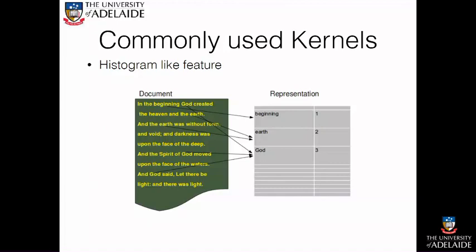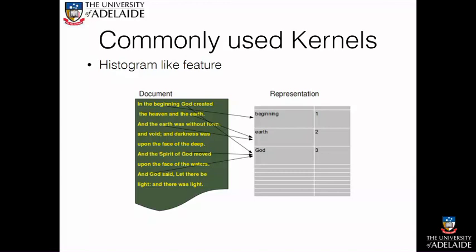In computer vision, especially for image classification and object recognition problems, people also use histogram-like features. Here I just show you an example, which is actually for document classification. Assume you have a document which contains a lot of words, and you want to classify this kind of document.